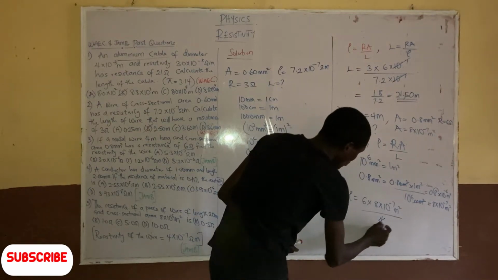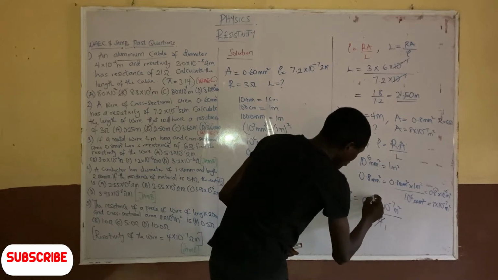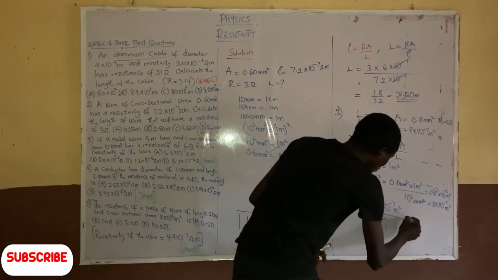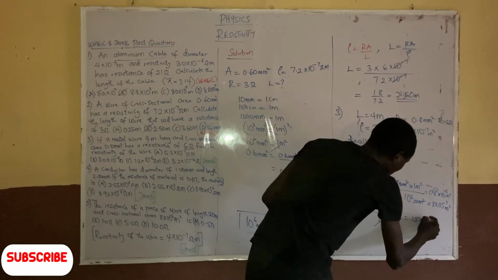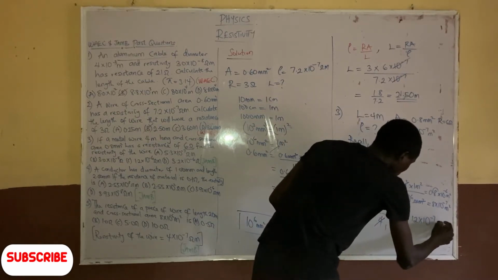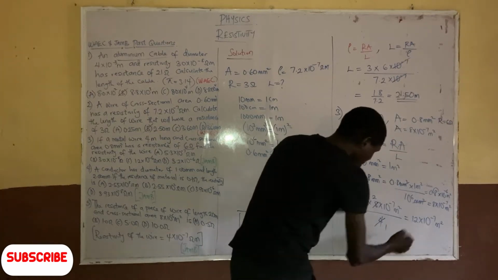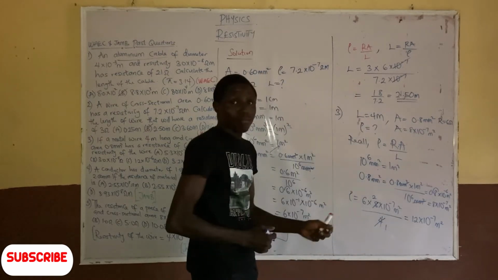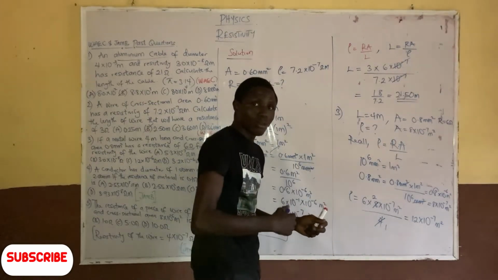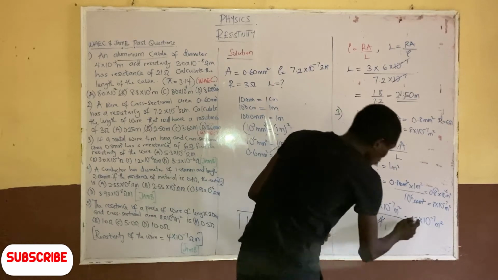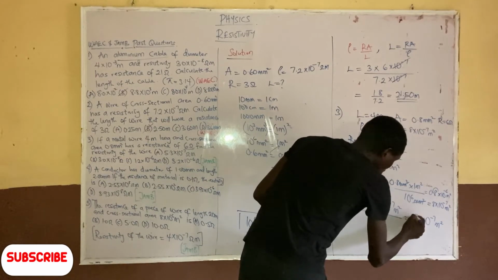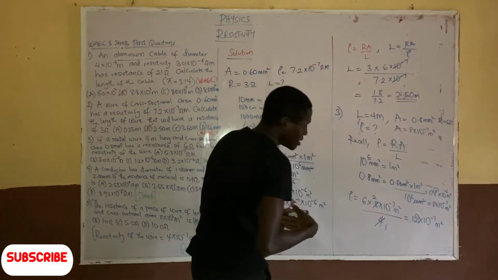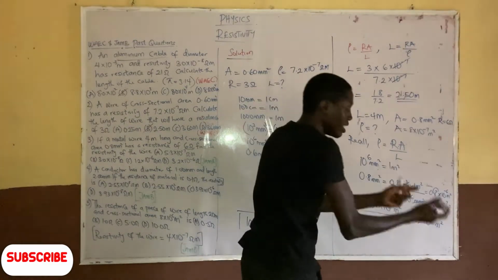So 4 here, 2 here, we have 2, so 6 times 2 gives 12 times 10 raised to power minus 7 meter square. Taking this to standard form, where the number is between 1 and 10, moving towards the left is positive and towards the right is negative.